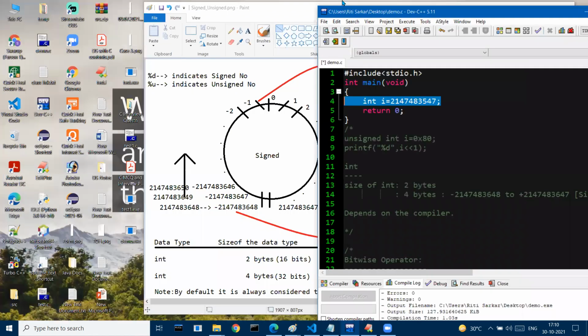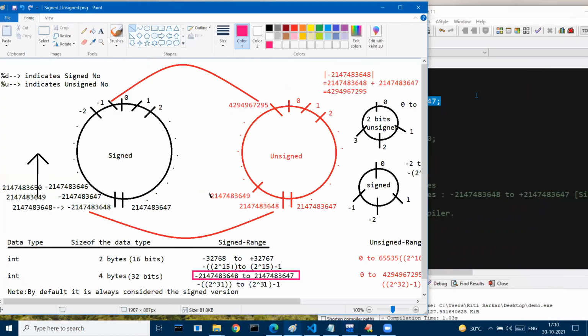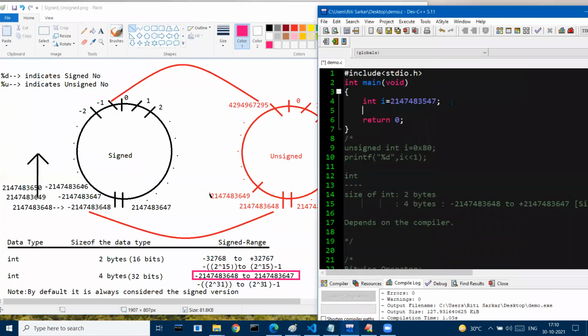What is the problem? Easily I can print that. printf %d i. What will happen? This value will be printed. Where is the proof, sir?